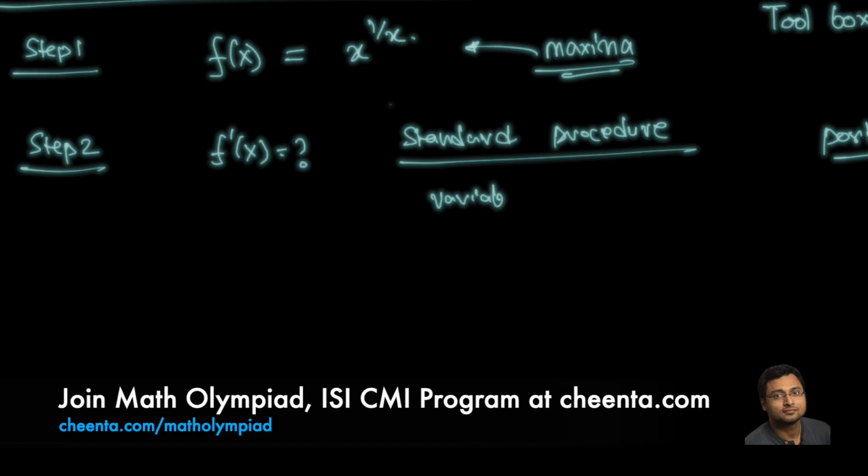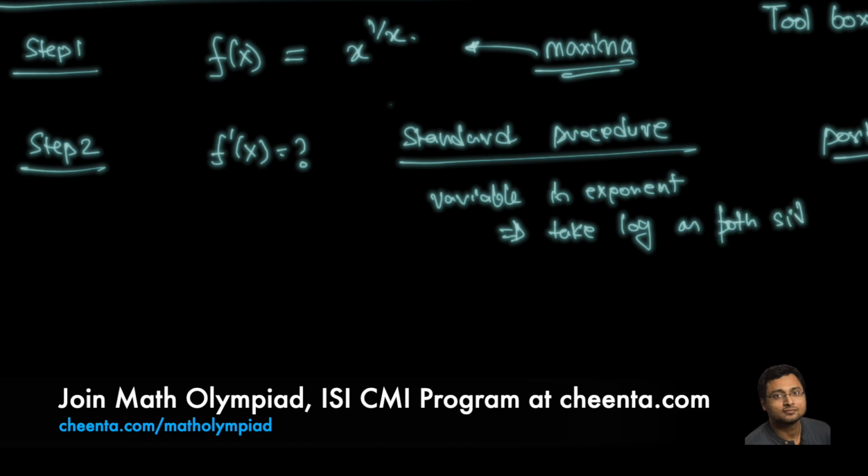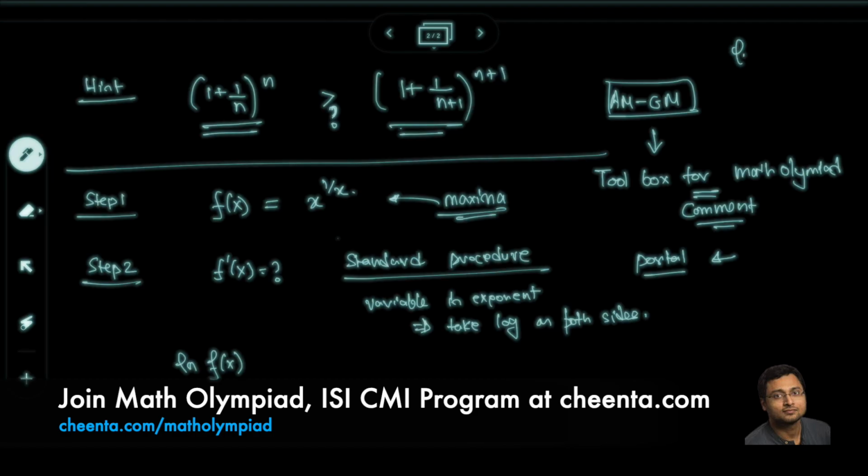So let's do that. We take ln of f of x. ln means log base e. So ln of f of x is equal to ln of x raised to 1 over x.